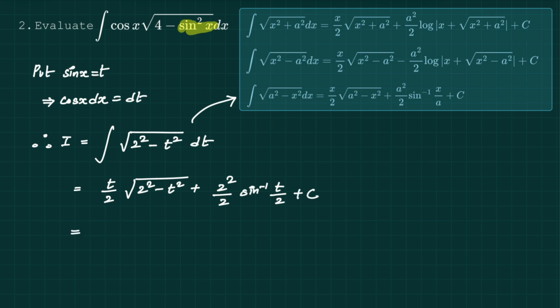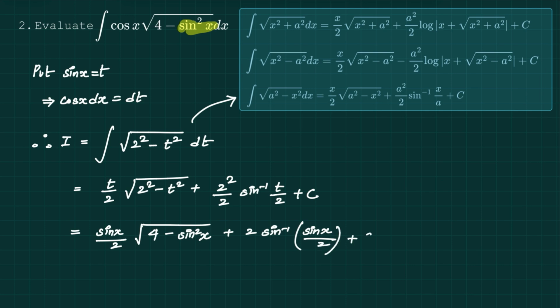Putting back the value of t, we have sin x over 2 square root of 2 square, that is 4, minus sin square x, plus here it will be 2 sine inverse of sin x by 2, plus c.